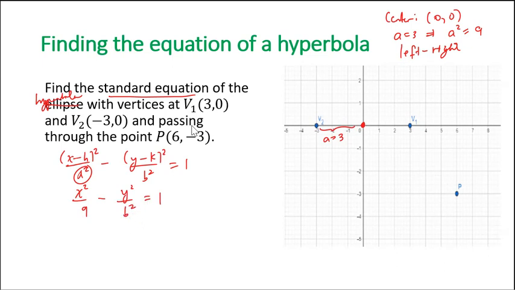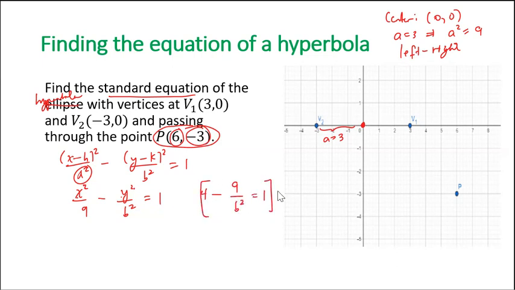To do that, we're going to use the point P with coordinates (6, -3) because the hyperbola passes through this point. We substitute 6 for x and -3 for y. So 6 squared is 36, 36 divided by 9 is 4, minus y squared, which is (-3) squared, or positive 9, over b squared equals 1.